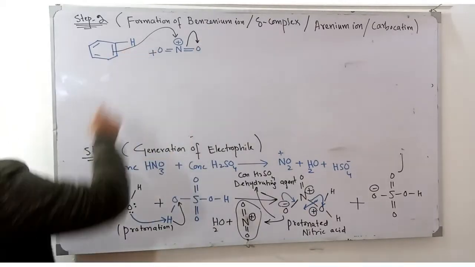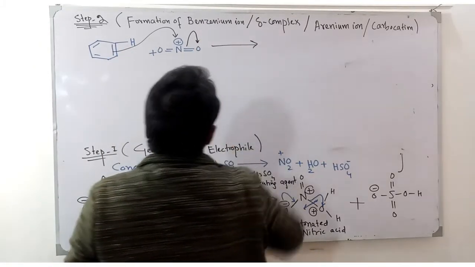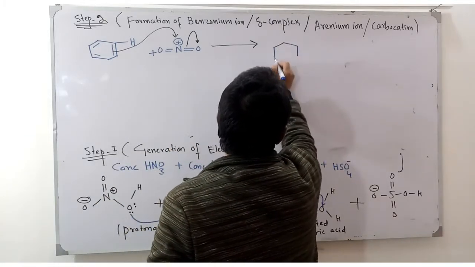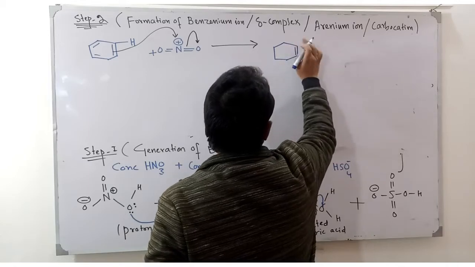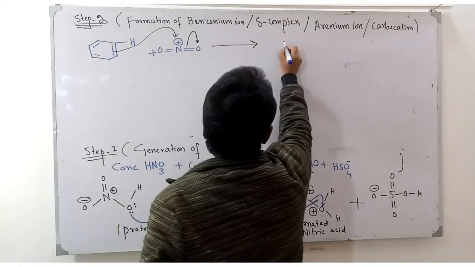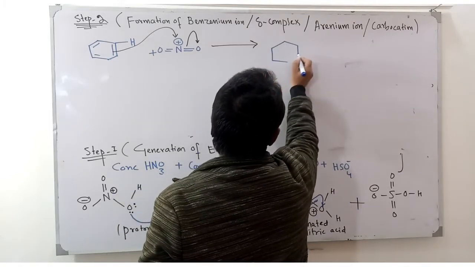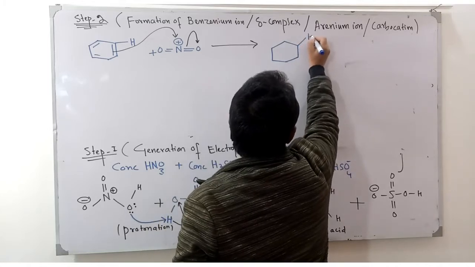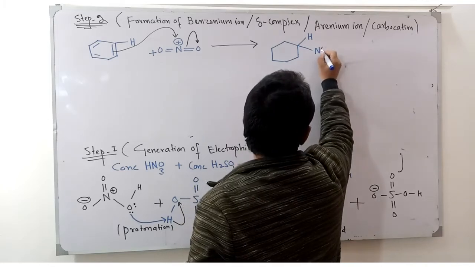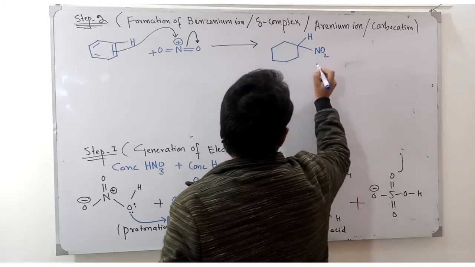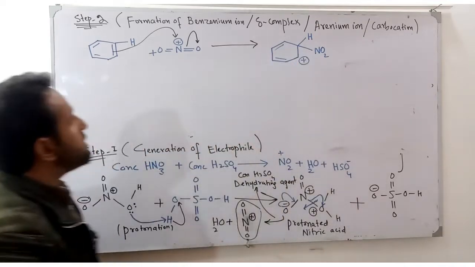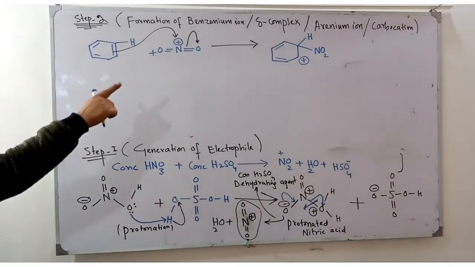So when this attacks, there will be a sigma complex. Look at this. Now this complex will form. Here a hydrogen atom, here NO2. Understand? Here the positive charge comes. Now this will be formed.